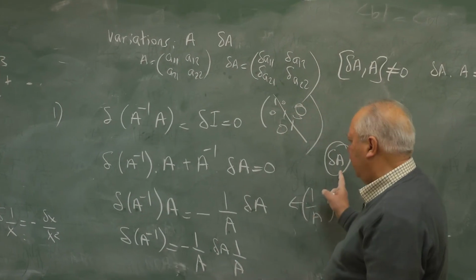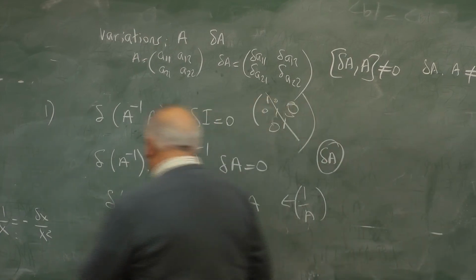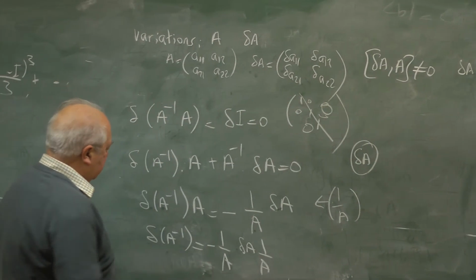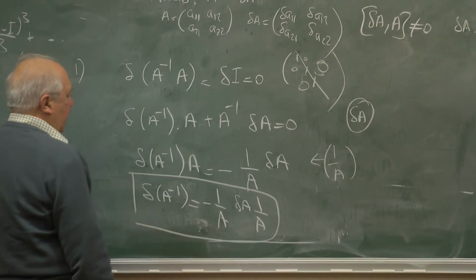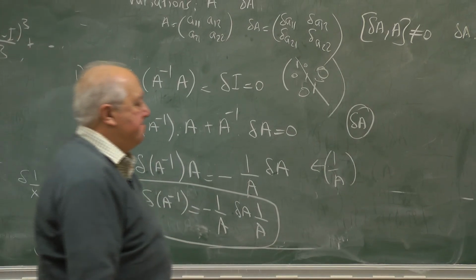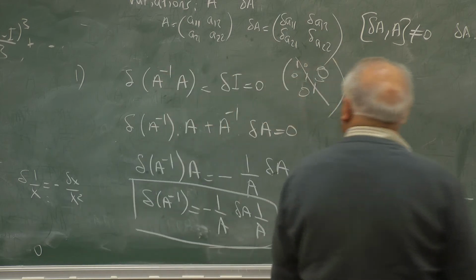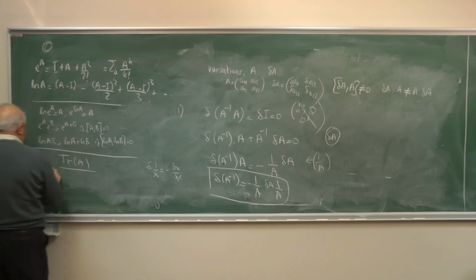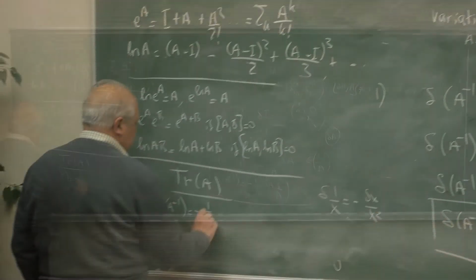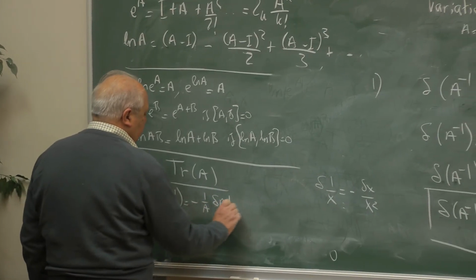So once we have defined delta A, the variation of the inverse matrix is given like that. All right. So let me write here, delta A minus 1 is minus 1 over A delta A 1 over A.